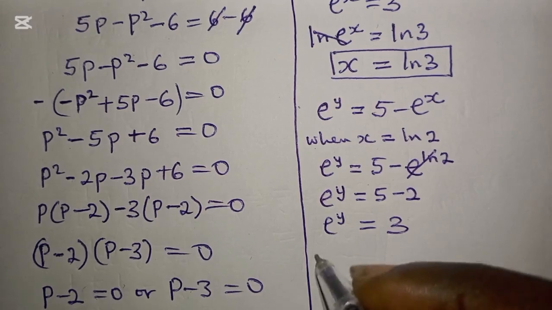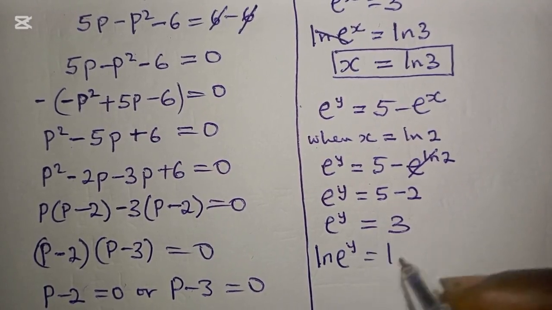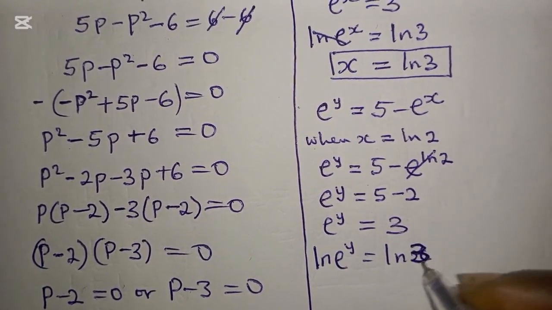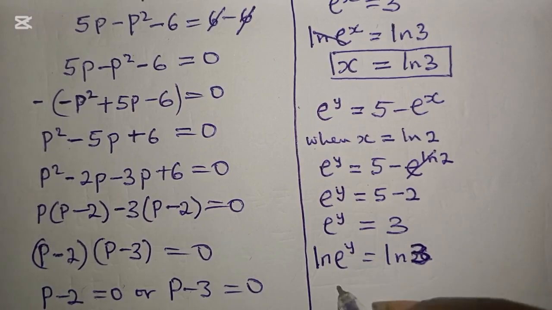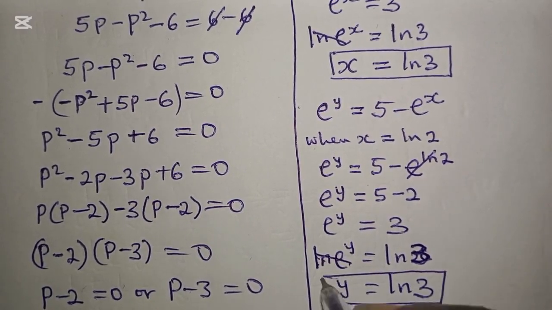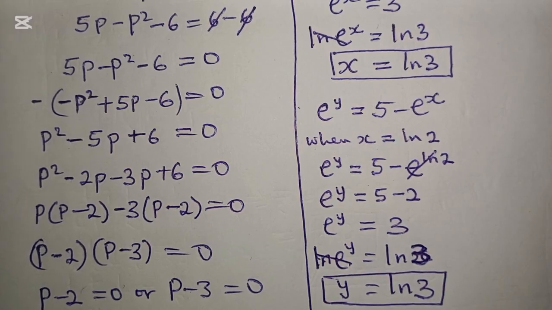So let's find the natural log. We have ln e raised to the power of y equal to ln 3. So from here, our y is ln 3. So that's that.